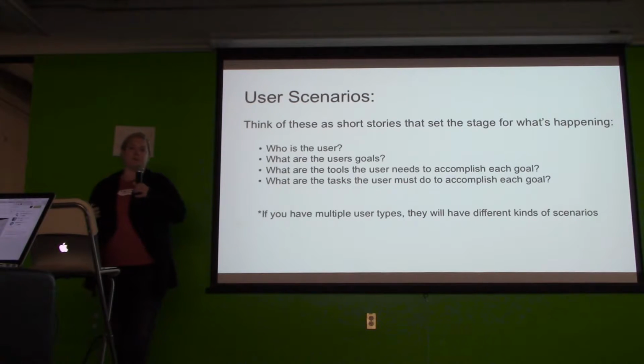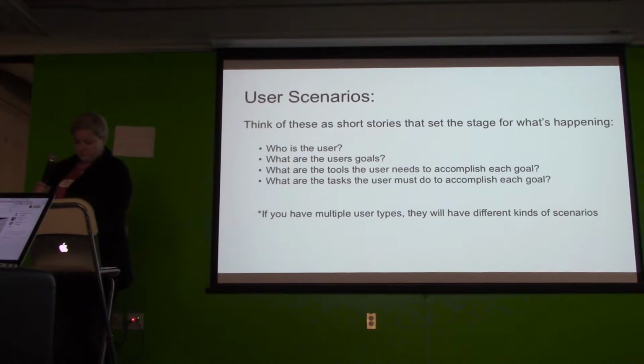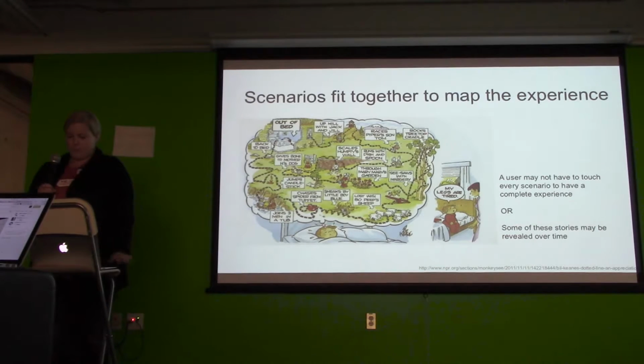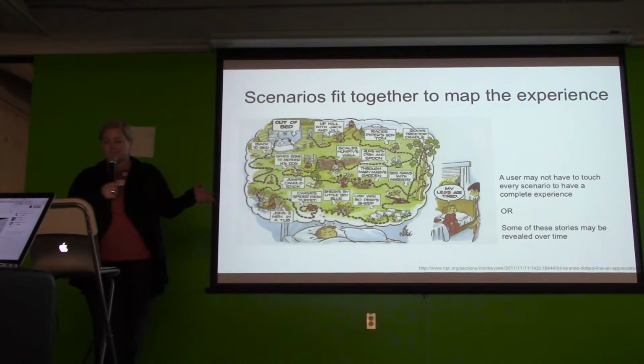And if you have different kinds of user types, so different actors, people who are representational of different roles, then you are going to want to write a scenario, even if it's the same action, for each of those different actors, because it's going to be a different experience for them. And then over time, all the scenarios fit together and you end up with an experience.